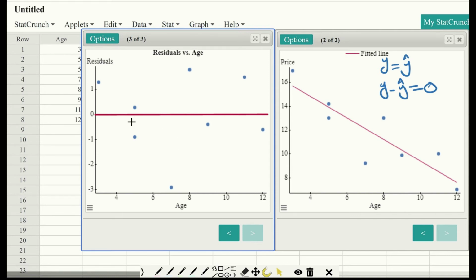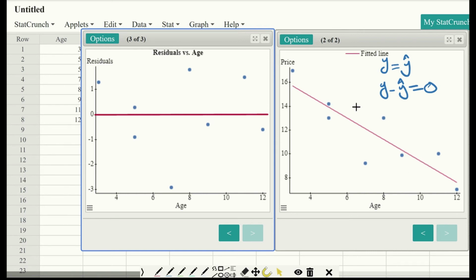So this random scattering of the residuals, centered around the 0 residual line, shows us this is a very good linear model that we're dealing with. So you want this kind of scattering around the 0 residual line. And that's basically what we're dealing with here.